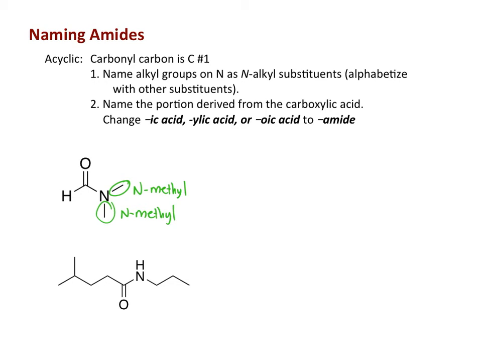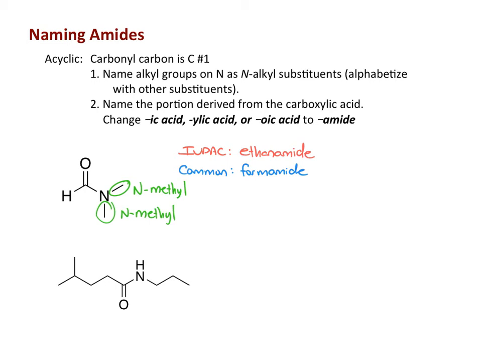And then this particular amide, if we do the IUPAC, 2 carbons, it would be ethanamide. If we did the common name, it comes from formic acid, it would be formamide.